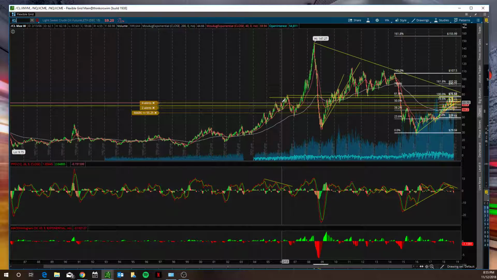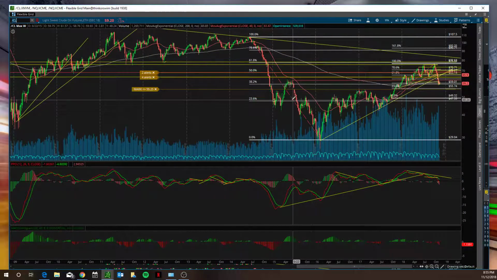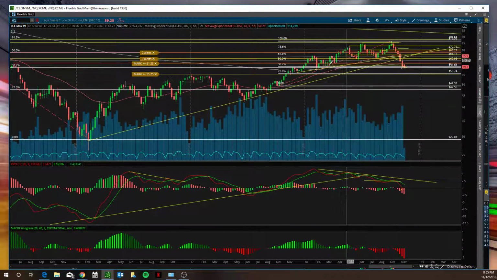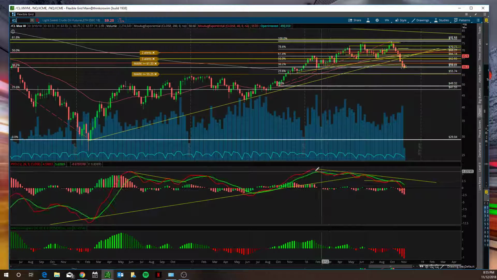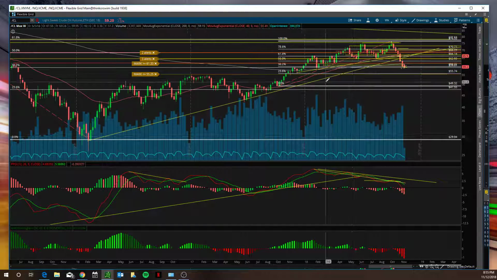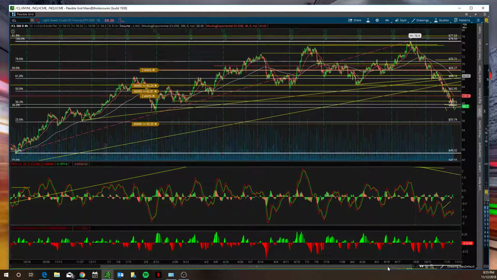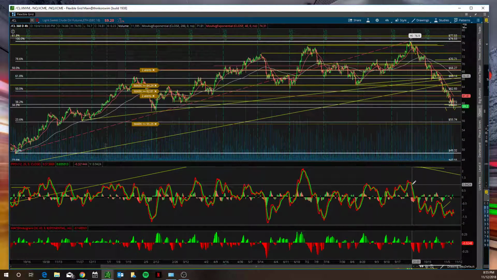This is crude oil futures, and nearly perfect. If you look up here, you see how the price is going higher. And what was this doing? The PPO was going lower, or this is negative divergence, the entire time it was going higher.